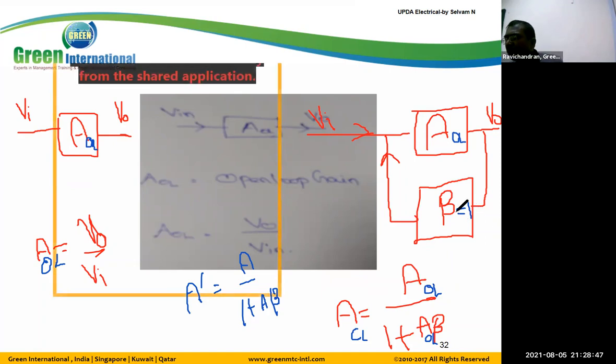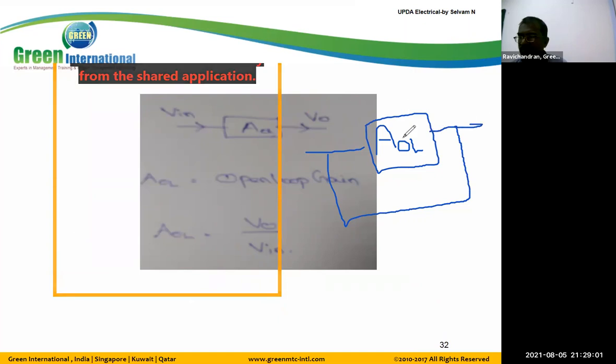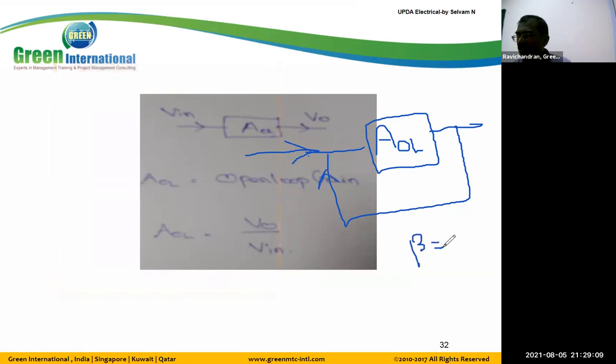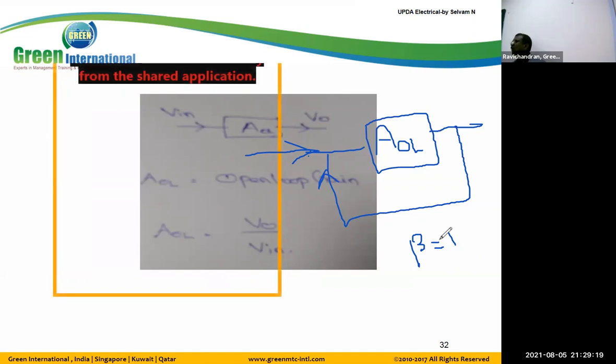So at that time they didn't write beta is equal to 1, simply they mentioned it like this, which means beta is equal to 1. Okay, is it correct? So mostly we have questions from unity feedback systems.